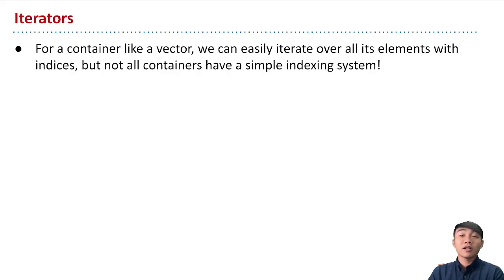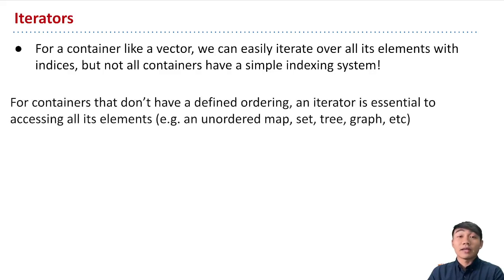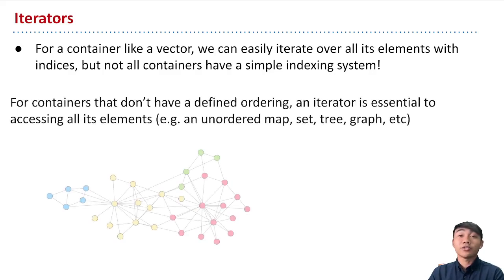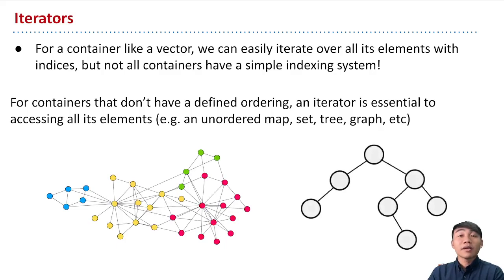So accessing the elements inside of a more complicated data structure like a graph or a tree might not be as straightforward. So for cases like these two data structures here, we might store data in them, and we might also want to iterate over all the elements in these structures just like we would a vector. But it's not so clear how we would start.